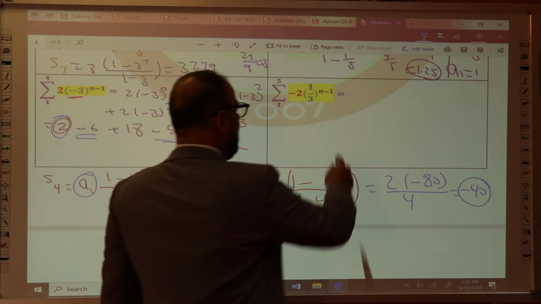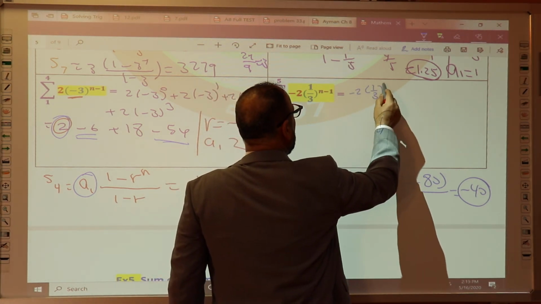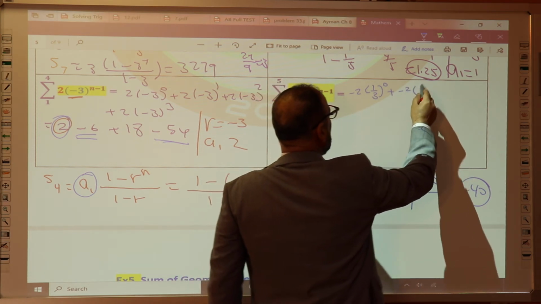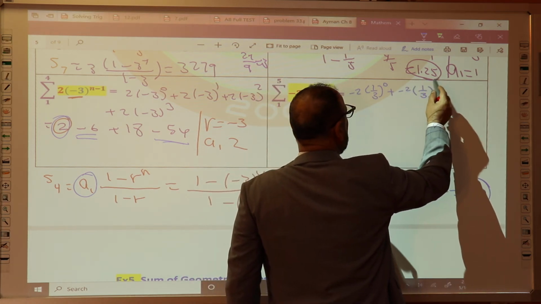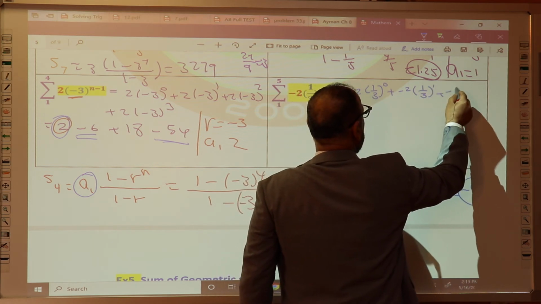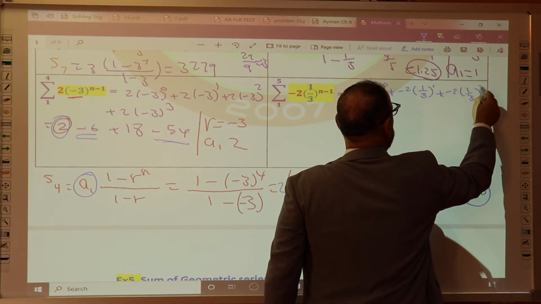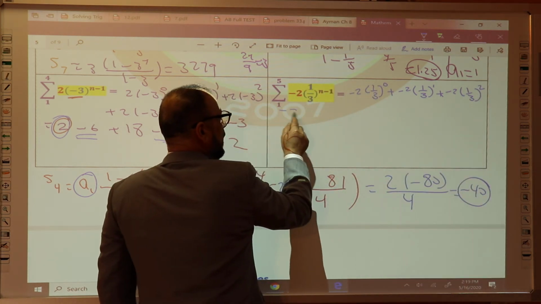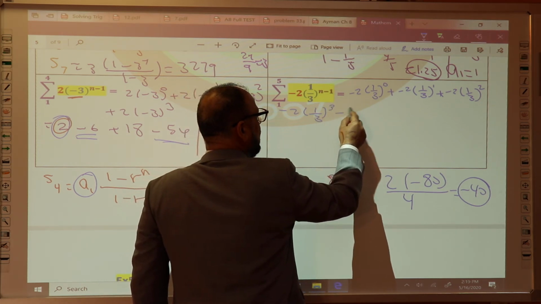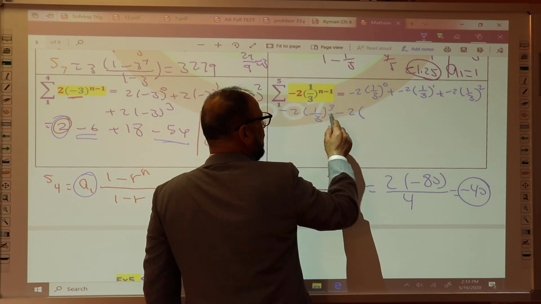Another example here, this guy, negative 2 times 1/3 to the 0, plus negative 2 times 1/3 to the 1, negative 2 times 1/3 to the 2, negative 2 times 1/3 to the 3, plus because I have plus, right?